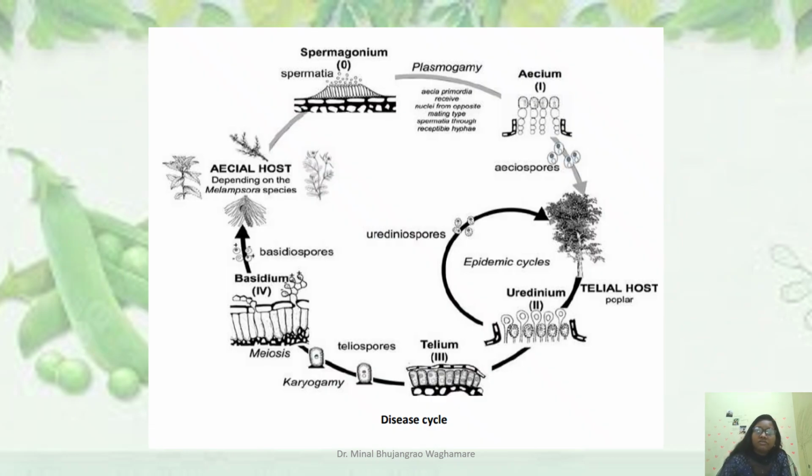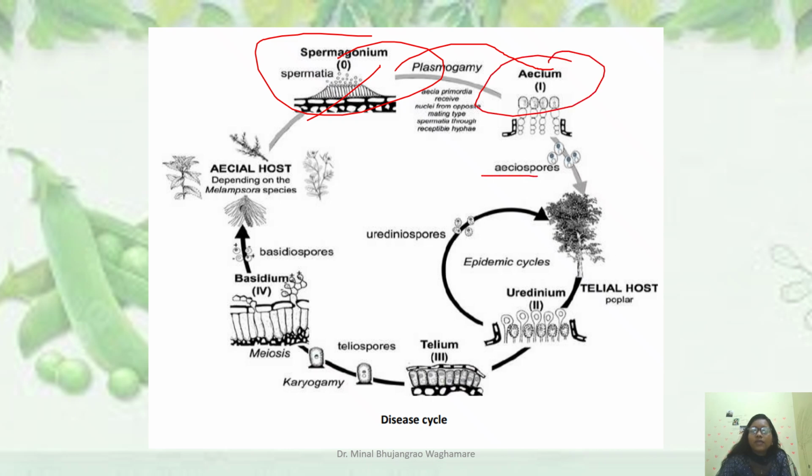We can see in this life cycle, from here the spermogonium, that is nothing but the pycnidia, gives the pycnospore, and then aeciospores are formed from the aecium, and after that it leads to the uredospore. Uredospore is nothing but the repetitive spore.